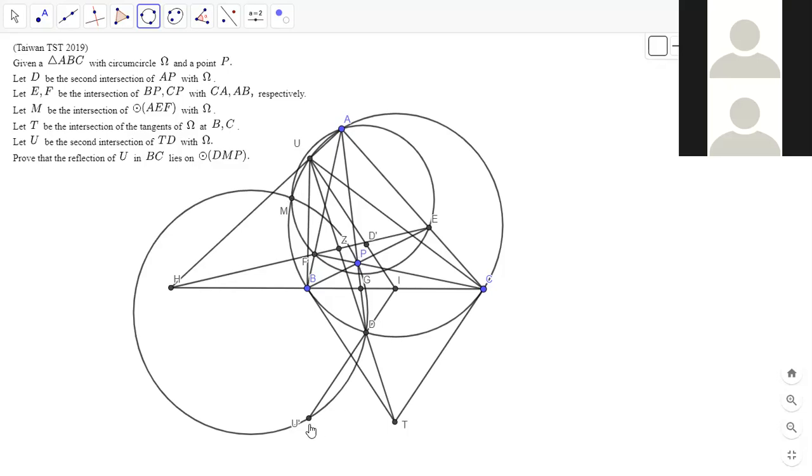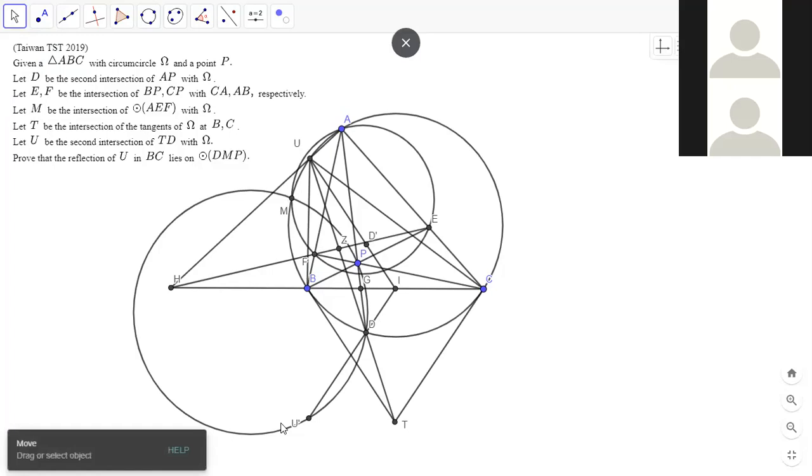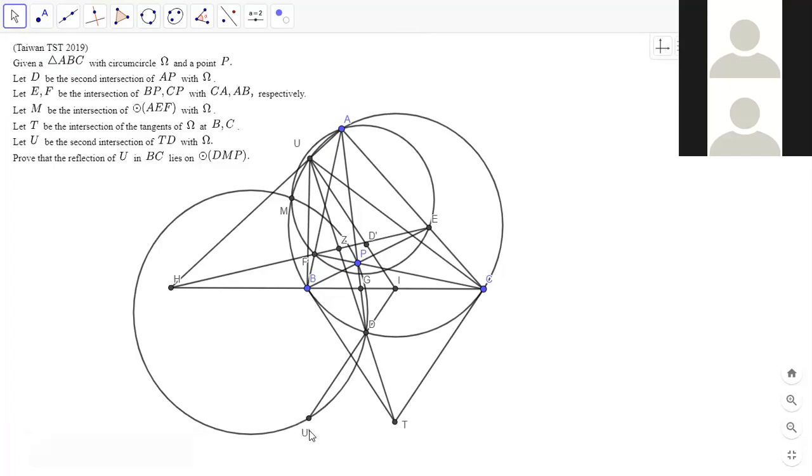Oh yeah, I like that. Okay, so basically if we let U prime be the intersection of ID with that circle, maybe we could prove that angle IU prime B is IUB.